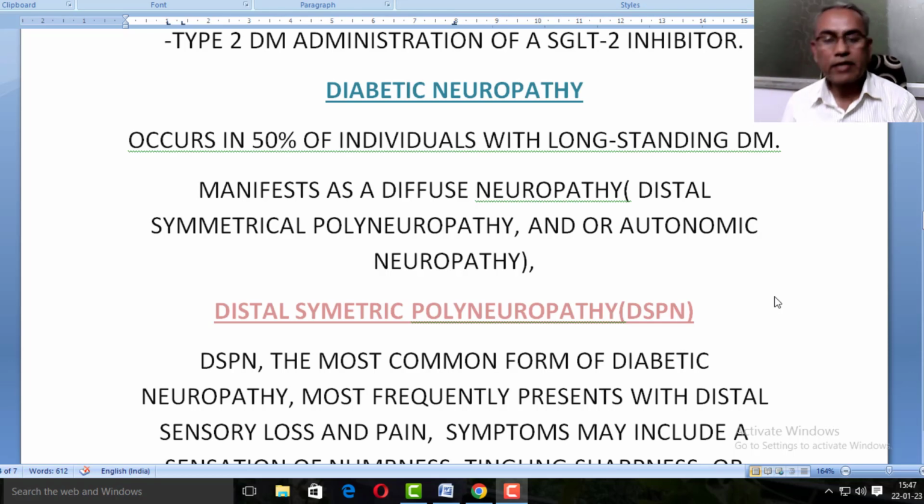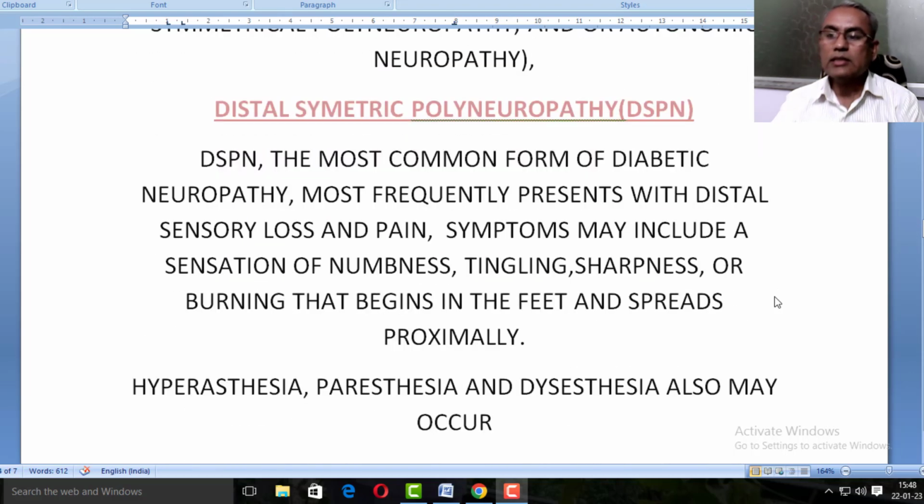Most frequently it presents with distal sensory loss and pain. Symptoms may include a sensation of numbness, tingling, sharpness or burning that begins in the feet and spreads up proximally. Hyperesthesia, that is increased sensation of extremities when you touch it.